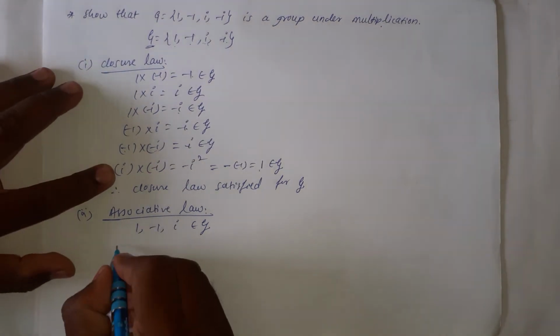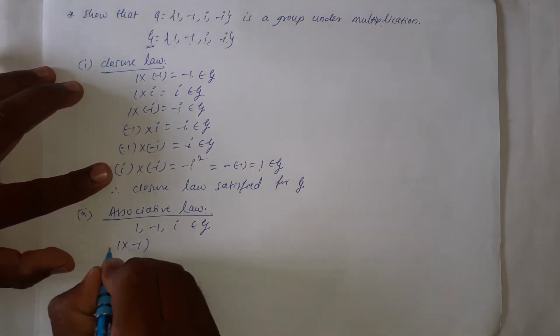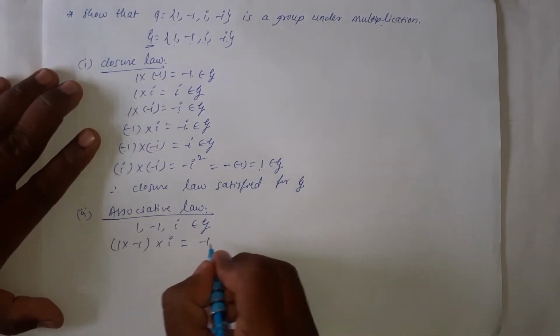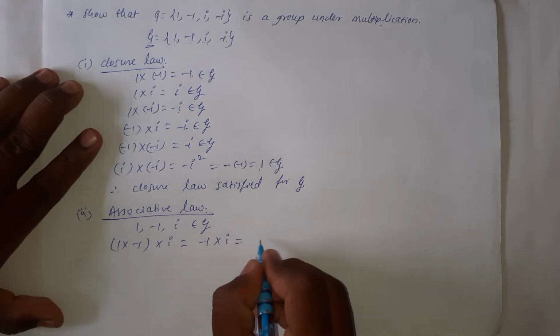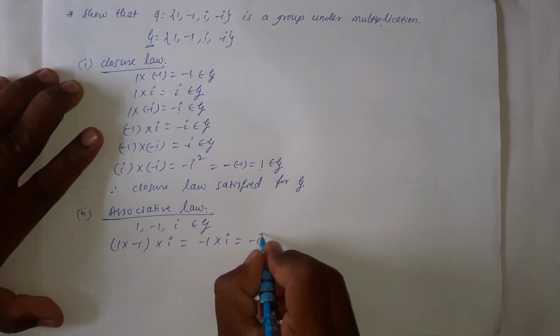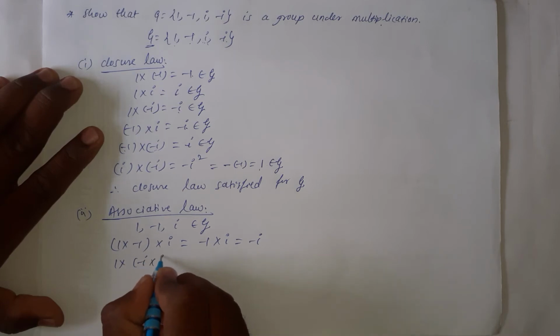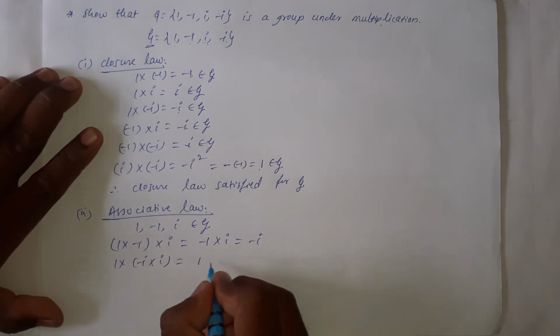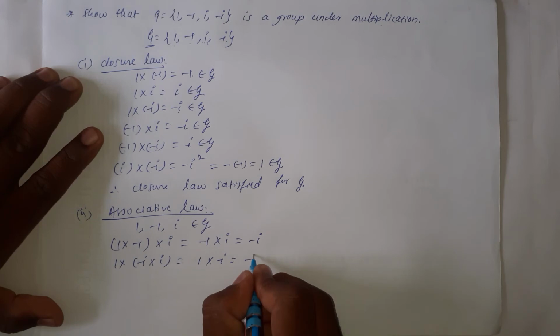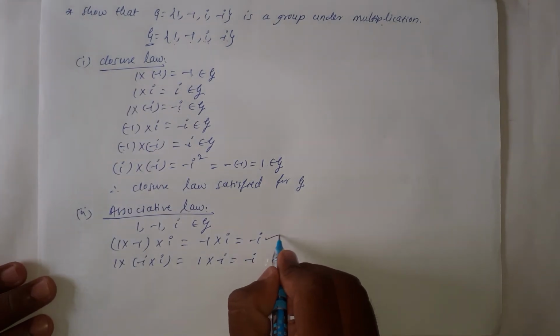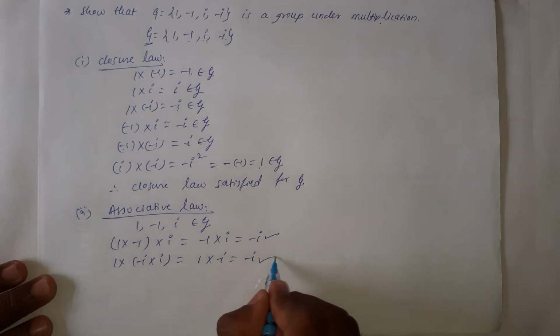Now consider 1 into (minus 1 into i). Here 1 into minus 1 is minus 1, then into i, its product is minus i. And then 1 into (minus i into plus i), therefore it is 1 into minus i, which is equal to minus i. So here the LHS is minus i and the RHS is also minus i.